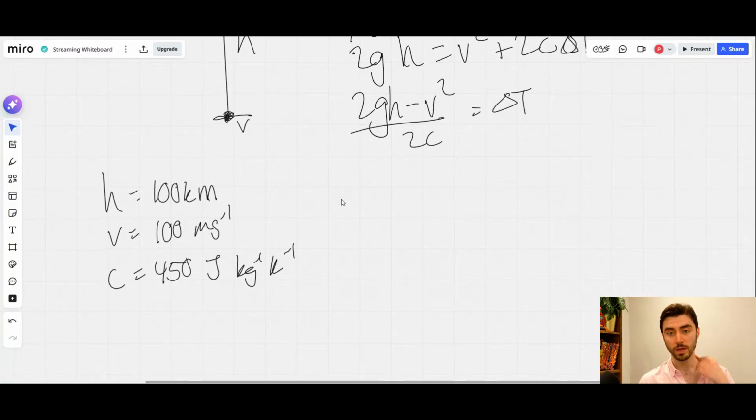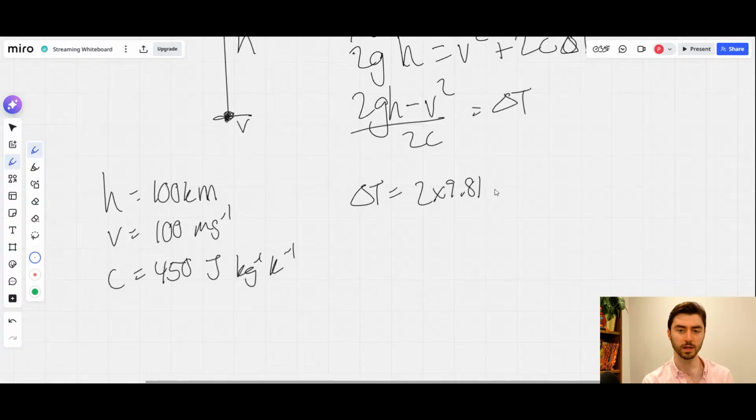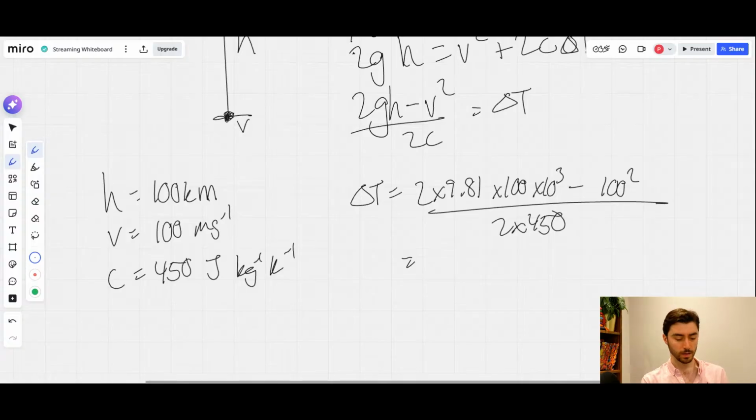According to this model, we could plug that in to work out the delta T. So we would say that delta T would be equal to 2 times 9.81 times 100 times 10 to the 3 minus 100 squared, all over 2 times 450. When I run that, because sometimes I do have emulators, but I feel like that's not going to be as interesting for you guys because watching me push buttons is not going to teach you anything.